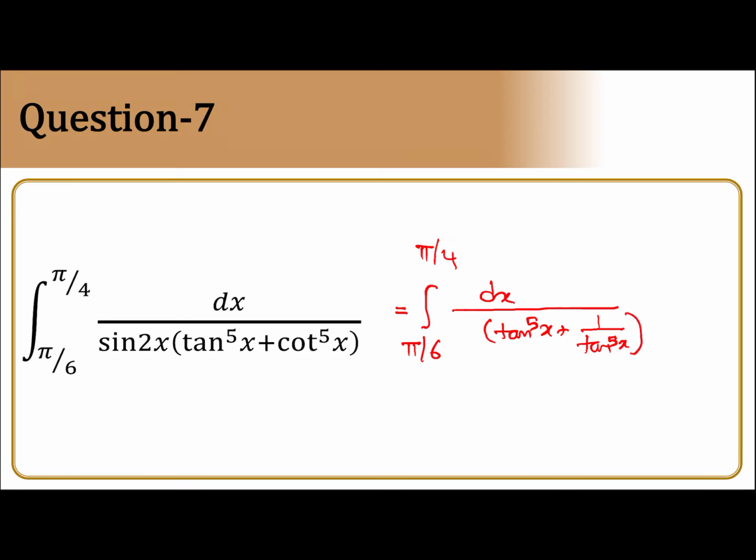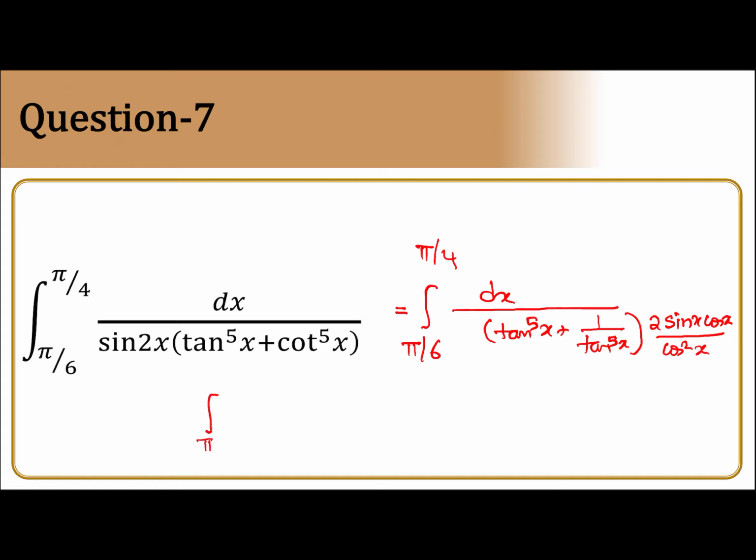So derivative of tan is required. So this is 2 sin x cos x. What we do is we divide by cos square x and multiply by cos square x, so 1 by cos square x, basically multiplying and dividing it.